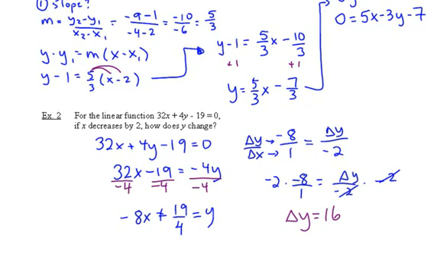So you don't get this part? So this is our rate of change, or slope. And they're saying if x decreases by 2, how does y change? So we know that our rate of change is -8/1 for this line. So that's the relation.